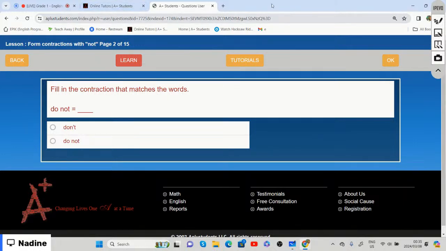All right, so we need to fill in the contraction that matches the word do not. So do not, is it don't, or is it still do not?